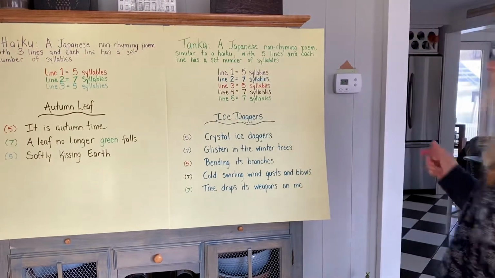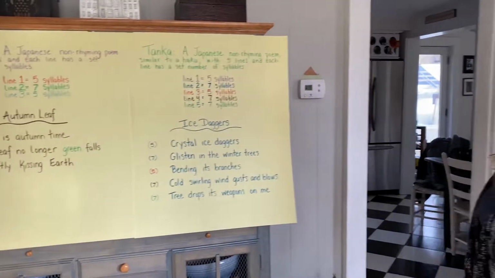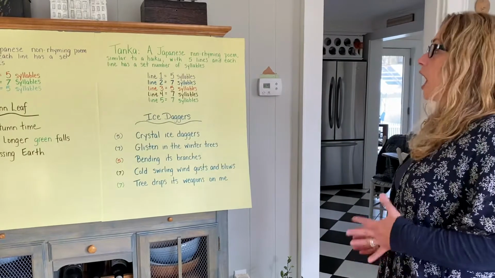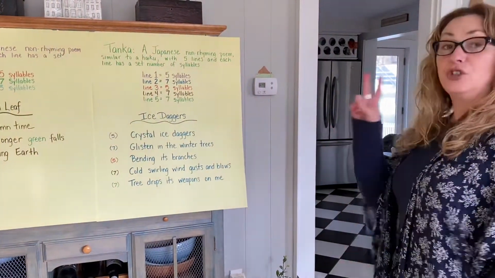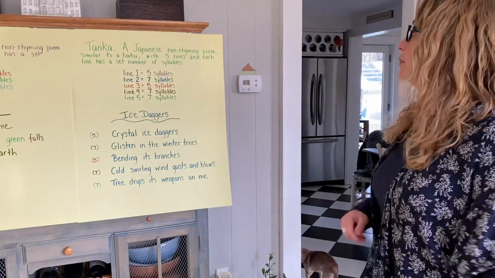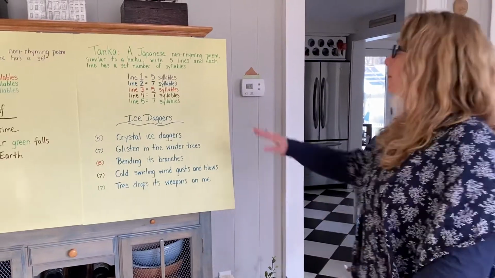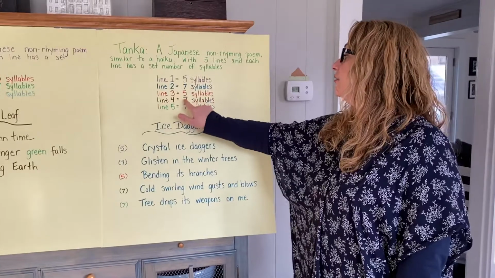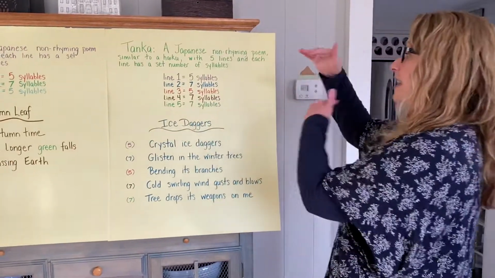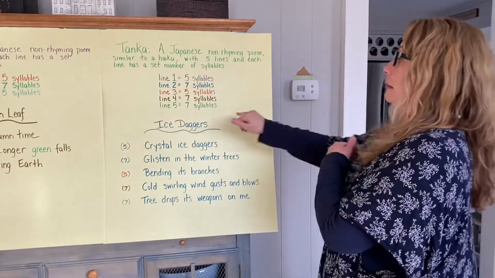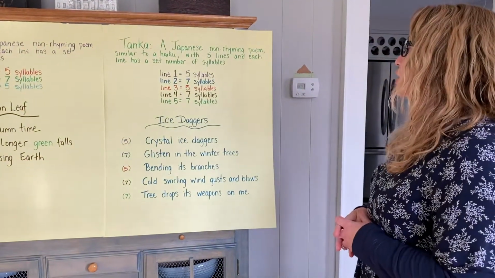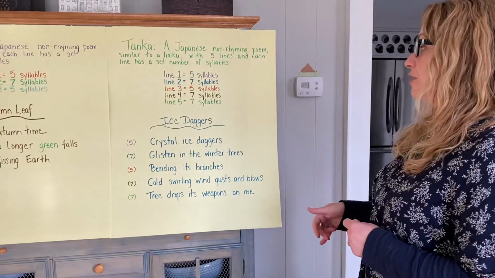The next type of Japanese poem is a tanka. A tanka is very, very similar to a haiku, but it has 2 more additional lines. And it follows this pattern, 5, 7, 5, 7, 7. So it's like that sandwich, but ooh, it's got a couple of extra layers in there. So let's read Ice Daggers.